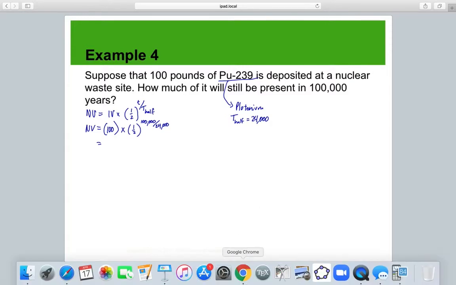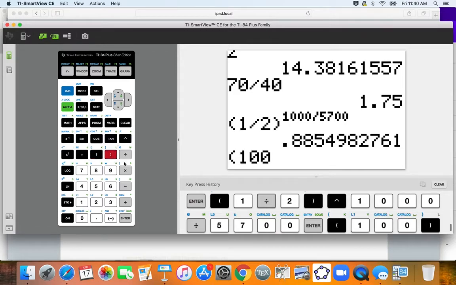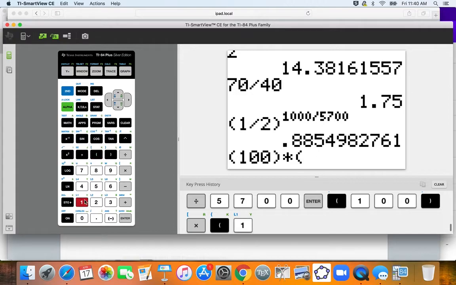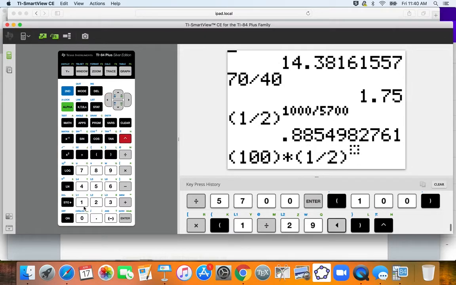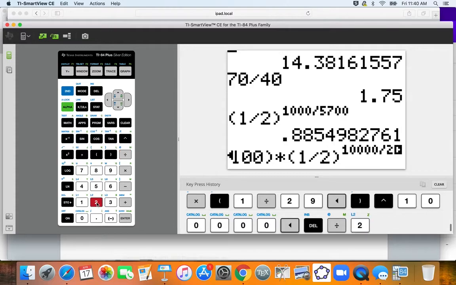All right, so let's go to the calculator. We're going to do 1/2. No, I'm sorry, we're going to do 100 times 1/2 to the power of 100,000, went too far, out of 24,000.